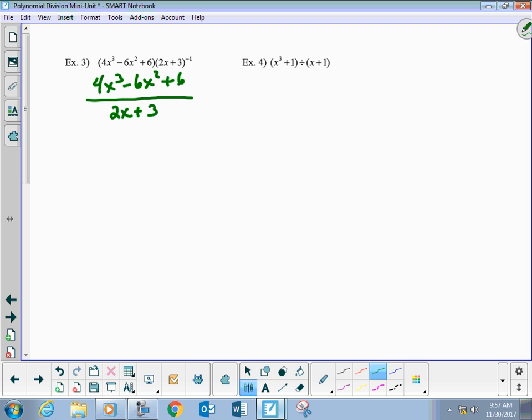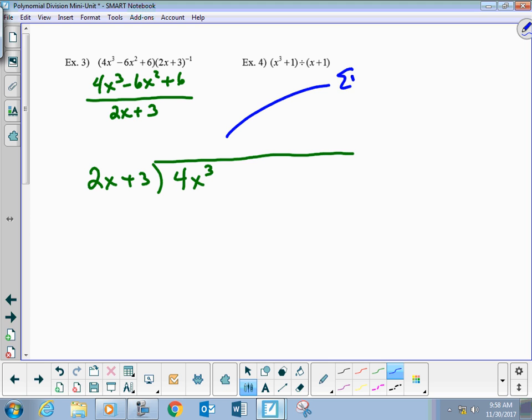All right, I can begin the process. Now the first term is 4x cubed. Now there's a secret here that we have to learn to put into our problems. Every term must be represented.